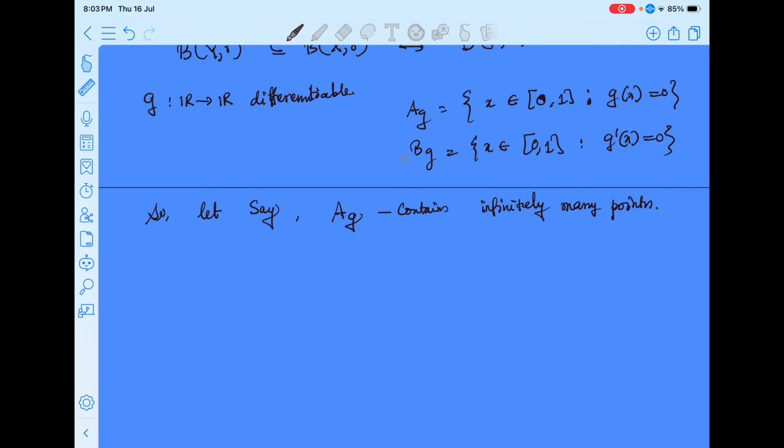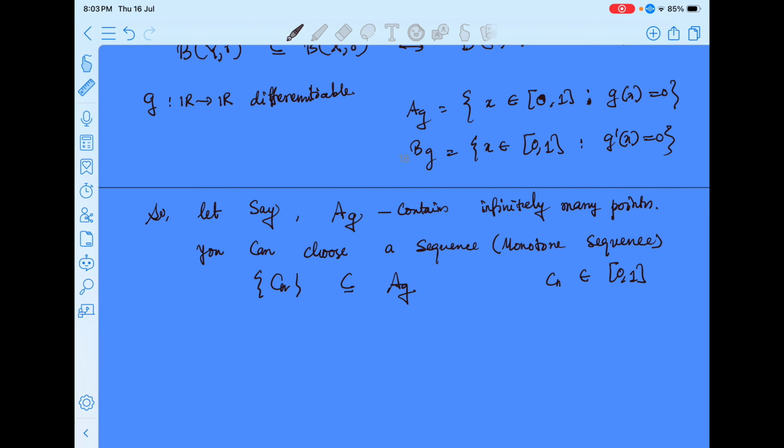So that means you can choose a monotone sequence Cn which is a subset of AG, because if AG contains infinitely many points, then every such sequence, Cn are elements in (0, 1), so Cn has to be bounded, and Cn has a convergent subsequence.